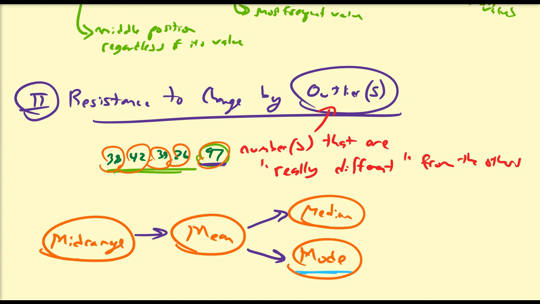Or maybe you want to do the average of the arithmetic mean and median. There's different variations. Anyway, this is just a quick overview of the different measures of central tendency, the four most common ones. Again, there's a fifth known as the geometric mean, which we will talk about later. And I've also given you a couple criteria that you can use to sort of rank which measure of central tendency you want to use in terms of data representation and the resistance to change by outliers.